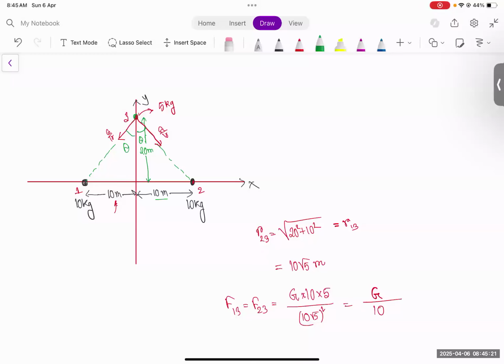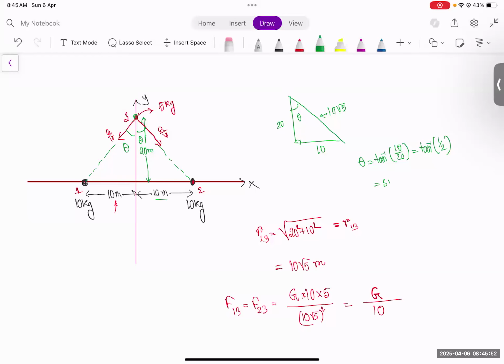And what is the value of those two angles? If I bring the triangle here, this is 10, this is 20, this is a 90 degree, and then this is theta. And we even know that this is 10 root 5. So we can write that theta is tangent inverse 10 over 20, which is basically tangent inverse of half. Or if you don't like tangent, you can use cosine or sine.